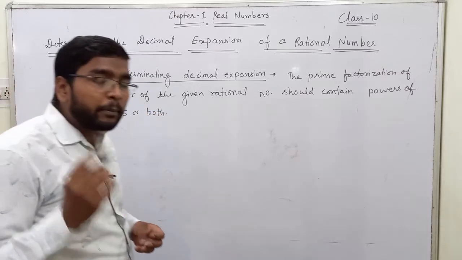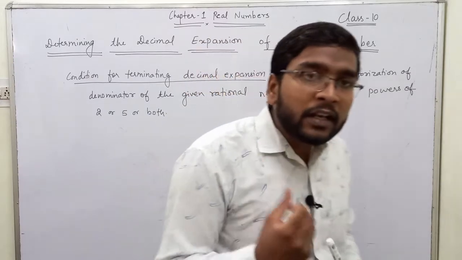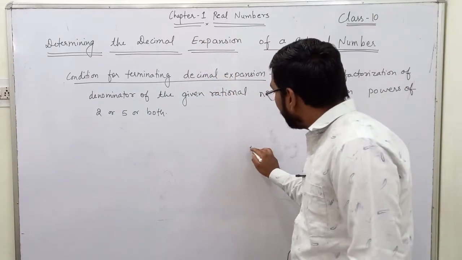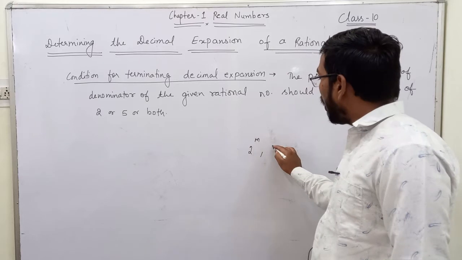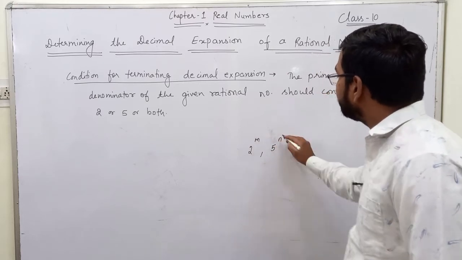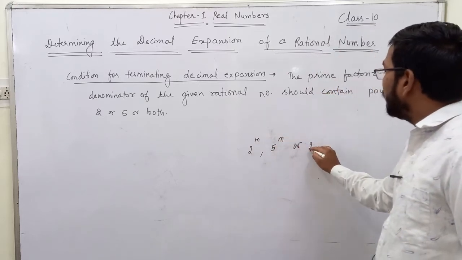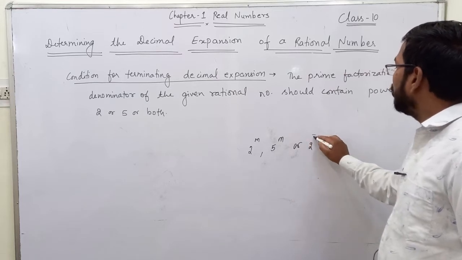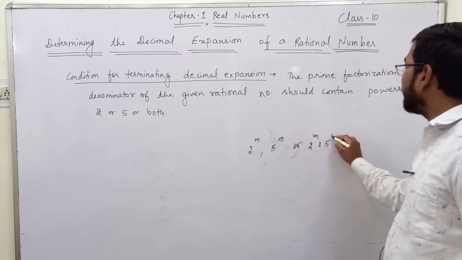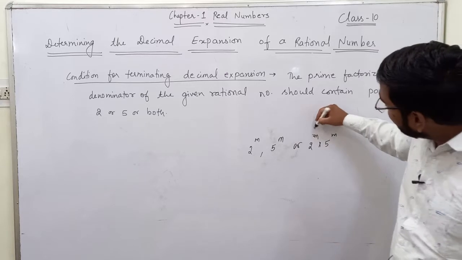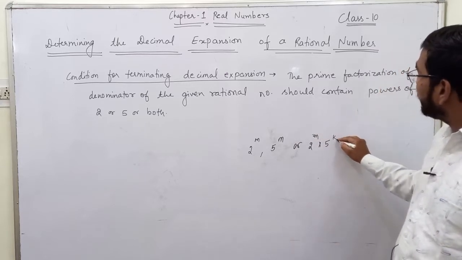It means that the denominator of the number should be of the form 2 power m or 5 power m or both, that is 2 power m into 5 power m. These numbers can be different also. For example, we can also write 5 power k.